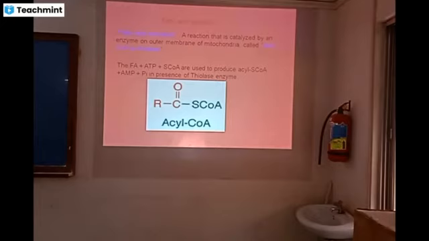But if the carbon numbers present in the fatty acid chain are more than 10, then for such activated fatty acid it is necessary to take help of a transport mechanism called carnitine, and this carnitine then transfers the activated fatty acid inside the mitochondria.